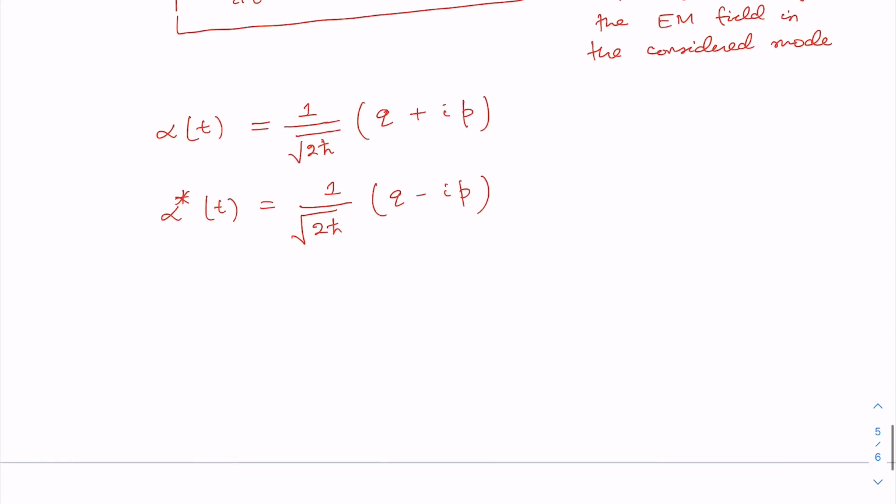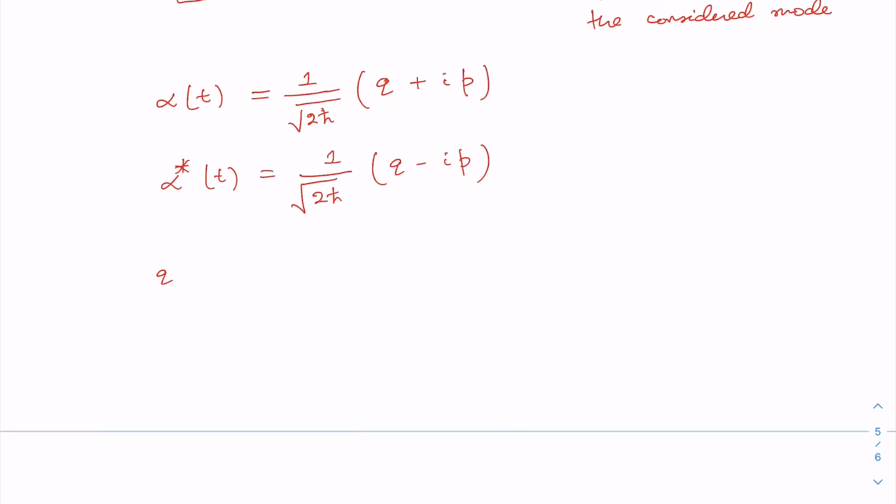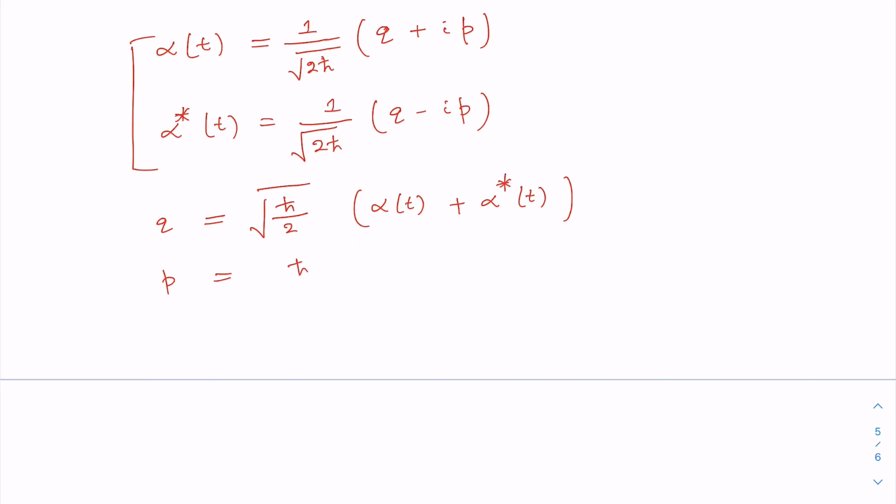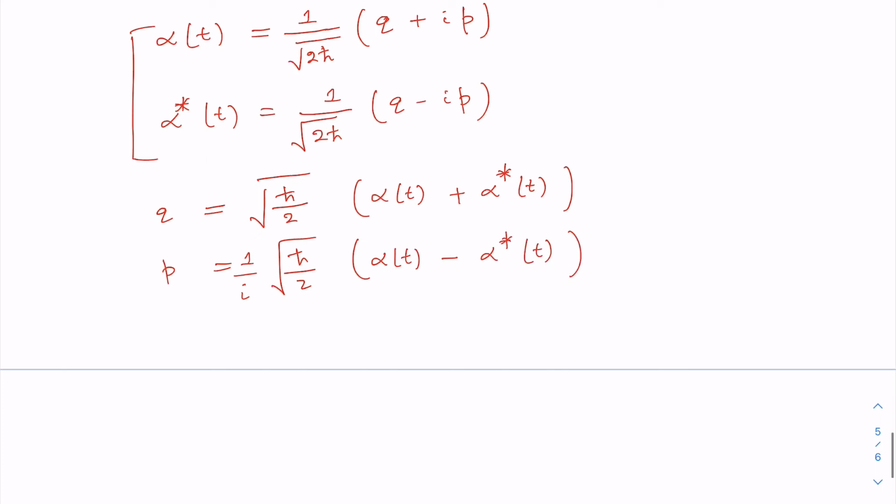From here one can immediately write these real variables q and p in terms of alpha and alpha star as follows: q is equal to root h cross by 2 times alpha of t plus alpha star of t, and p would be root h cross by 2 times 1 by I times alpha of t minus alpha star of t. You can easily verify it yourself.